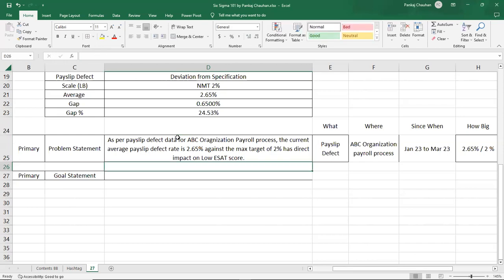Now, once the problem statement is done, you will be writing the goal statement, because for my secondary problem or goal statement, we are trying to improve by December 23. The same thing will be here.